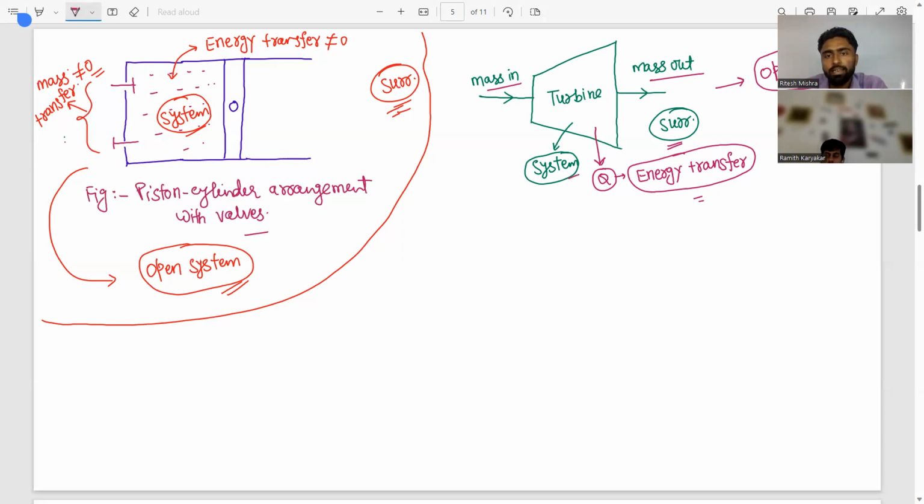Let's take another example. This is your compressor. The function of a compressor is to compress the working substance.